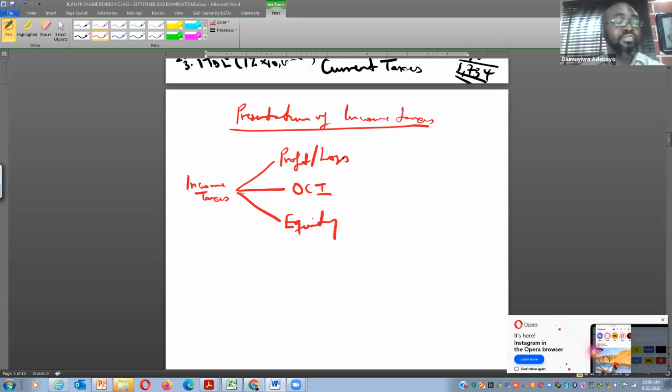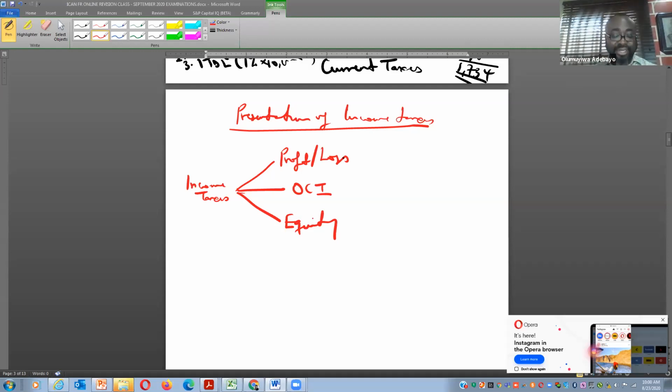Now, income tax is a reflection of performance and transactions or activities that contributed to those performance. You find out that the bulk of our transactions that result in our profitability are reported in profit or loss, which is the income statement.